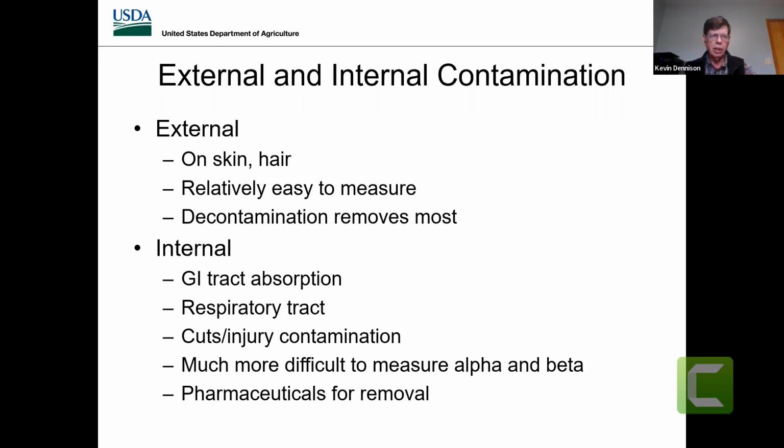And so sometimes you have to go to pharmaceutical lab tests, testing urine or feces or blood to be able to detect that contamination. And for almost every contaminant, there is a medication to help remove that internal contamination. Most of them have other uses in toxicology. And so there are ways to treat internal contamination that are at least reasonably effective.